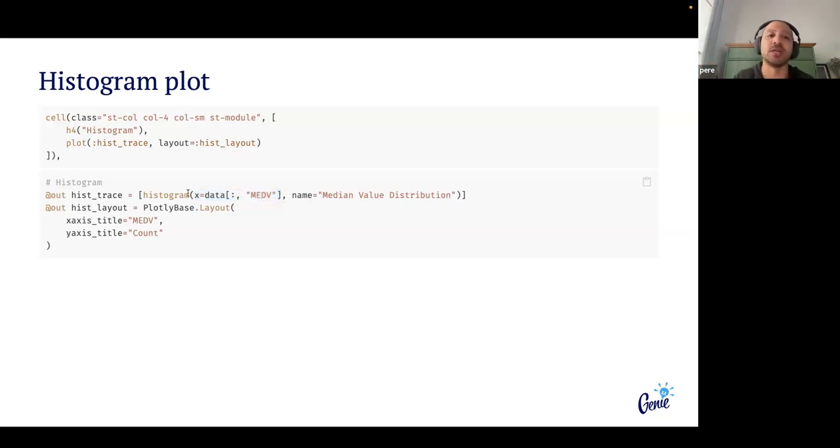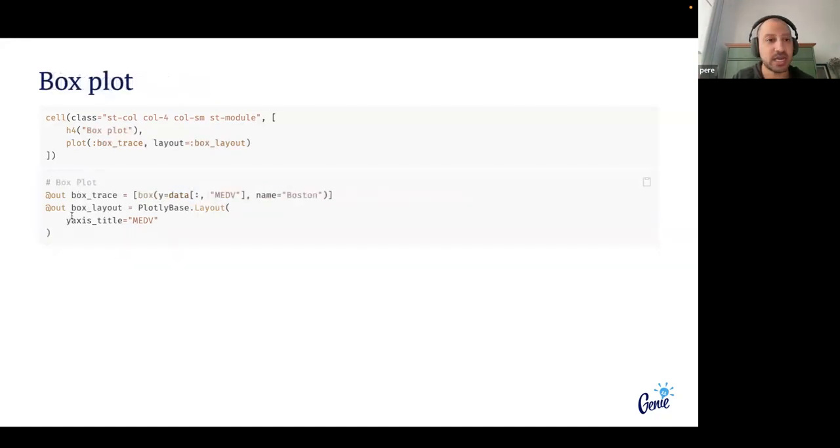We want to plot the histogram of the median value of the houses, and we pass it to the histogram call through its X parameter. And again, we define a layout. And similarly, for the box plot, we add a third plot and declare the trace for the box plot with the box call, pass to it some data, and the same for the layout.